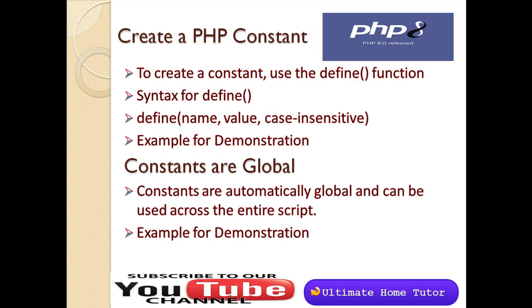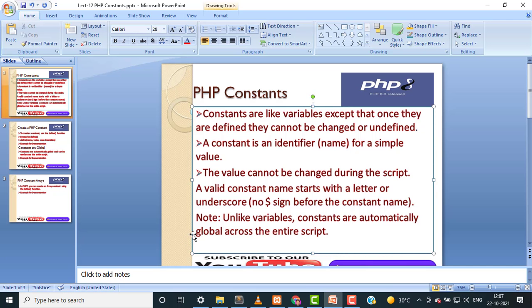So if you declare it, by default it is case sensitive. We will declare it with the help of code so you can understand better and get an idea of how we can declare a constant.